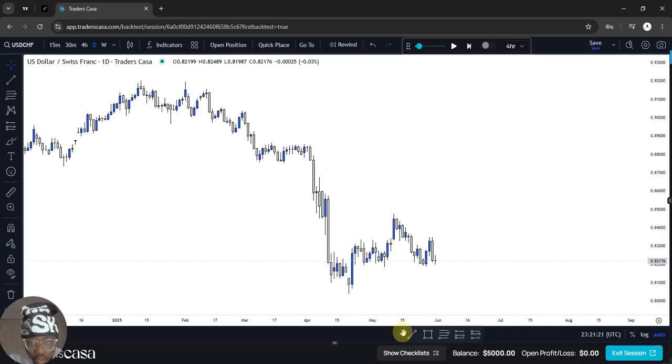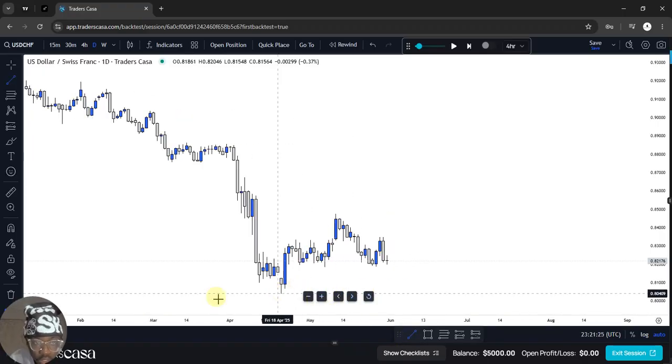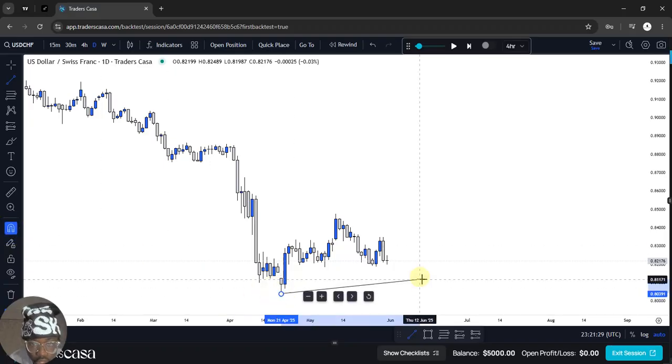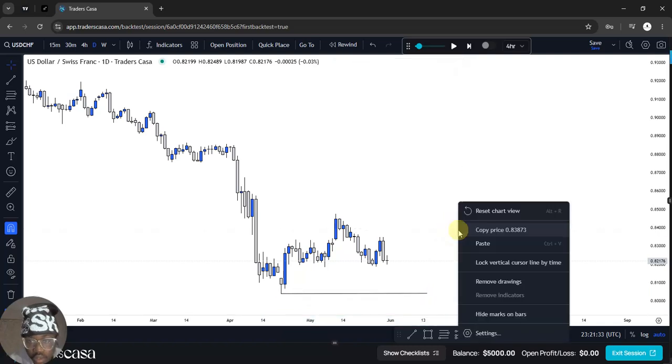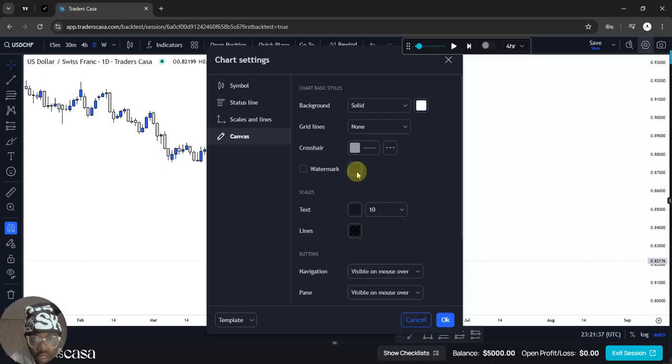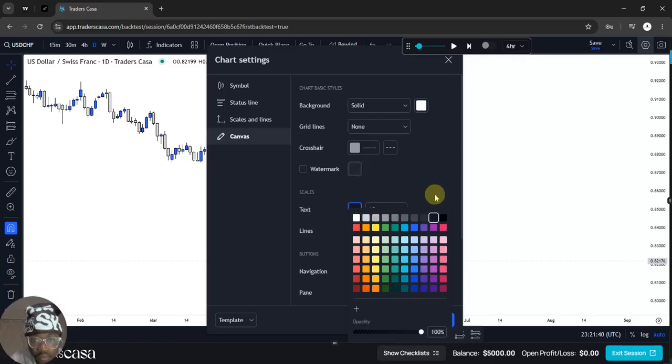Looking at the daily, we have some liquidity levels that we need to reach before we do anything. I need my magnet. Let me try to fix this real quickly.